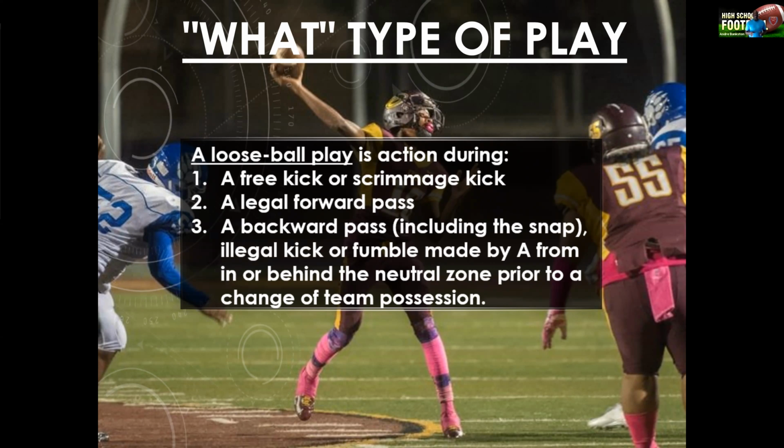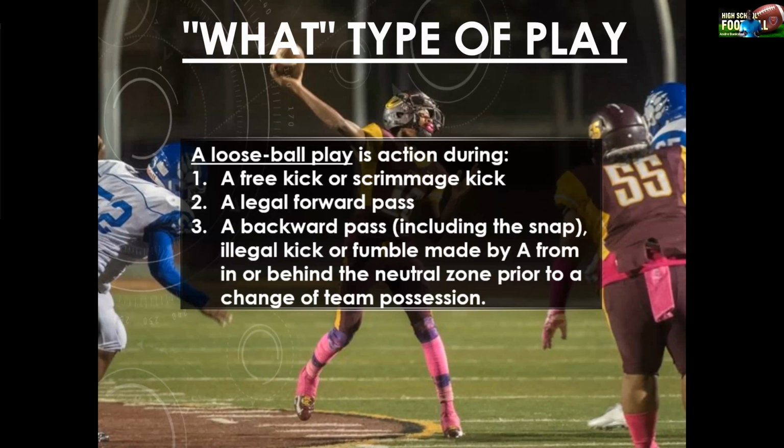So a fumble behind the line of scrimmage is treated like a forward pass beyond the line of scrimmage, and we have a foul, and it's a loose ball play, right? A backwards pass behind the line of scrimmage is considered a loose ball play, as though we're kicking the ball on a scrimmage down, right?